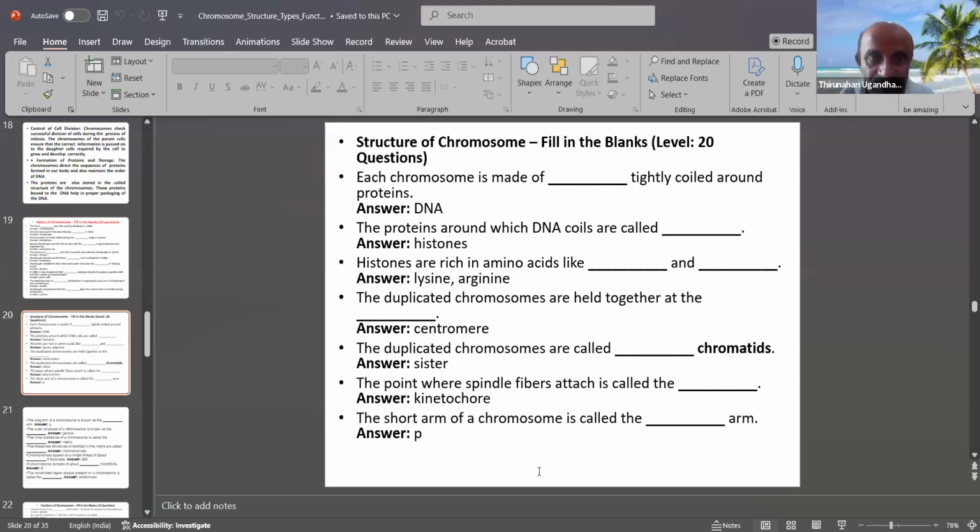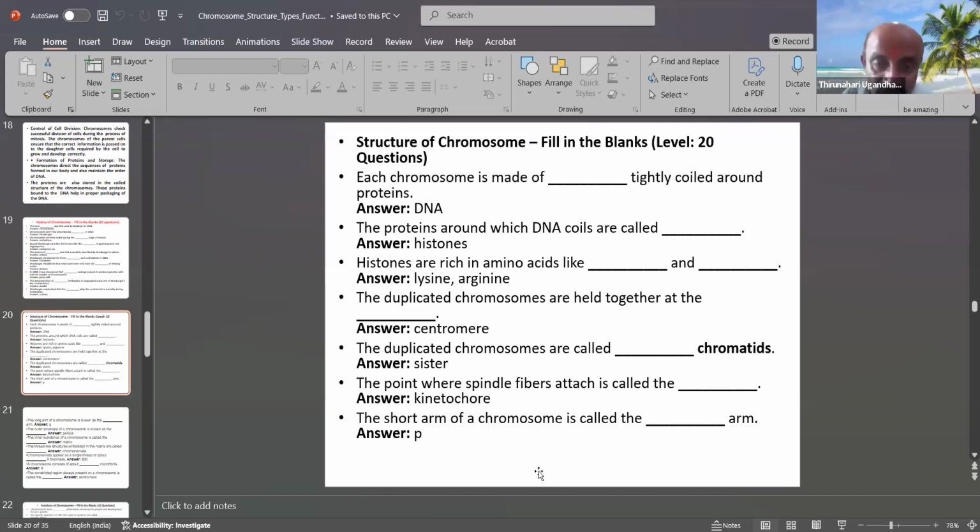But here, the structure of the chromosomes, fill in the blanks. Each chromosome is made up of DNA. The DNA is a spiral structure, with a large number of DNA threads inside the chromosomal chromonemata. Then the proteins around which DNA coils are called histones. Histones surround the chromosomes.